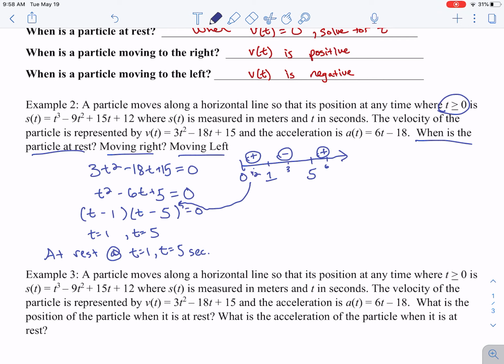What is new is how do we use this chart? Well, when are we going to the right? We're going to the right between 0 and 1, and 5 to infinity. So we are moving to the right from 0 to 1, putting this in interval notation, and 5 to infinity, because velocity is positive.